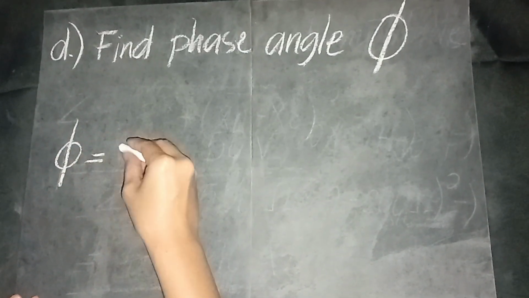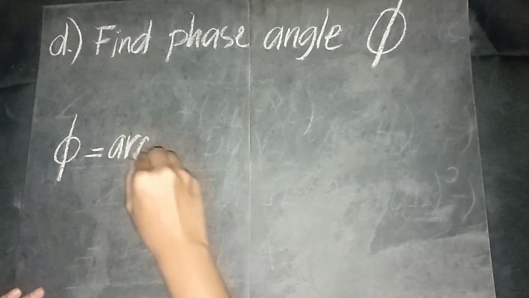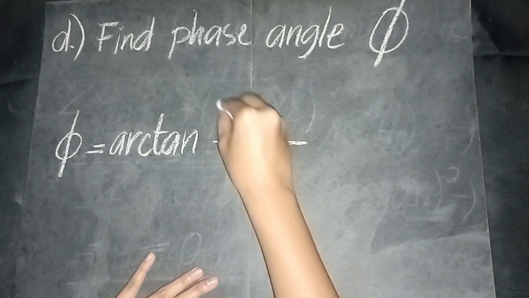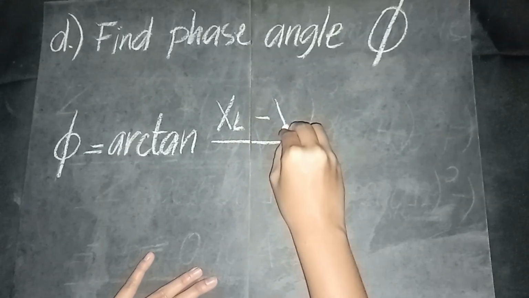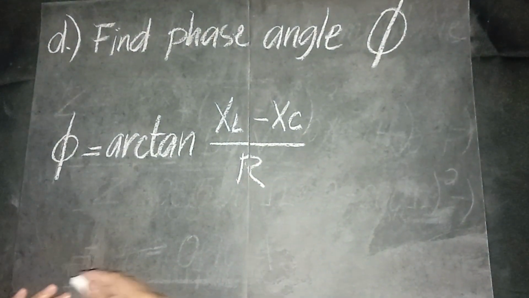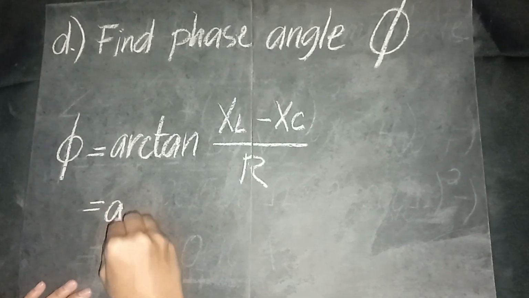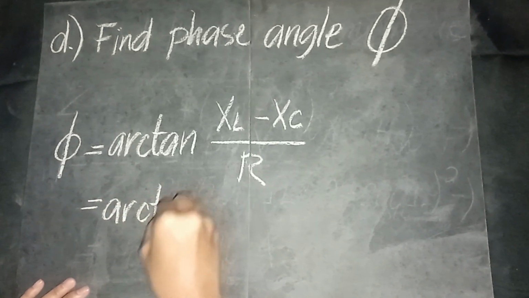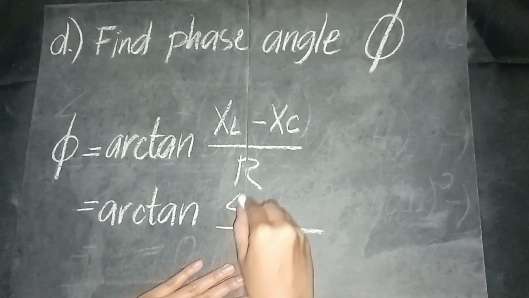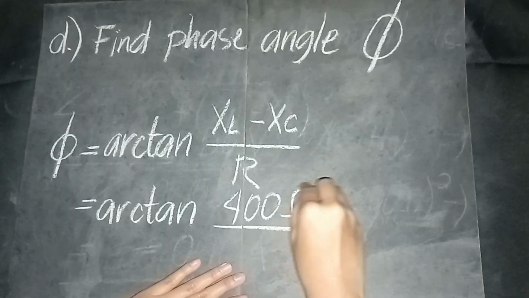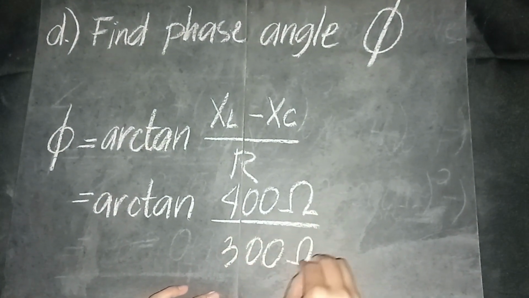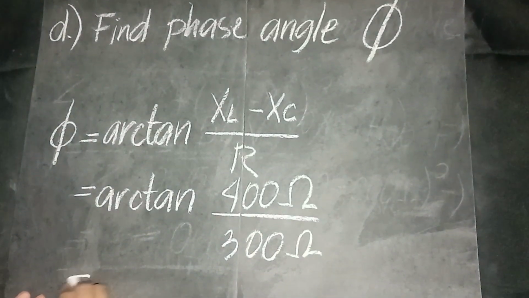And next is to find the phase angle, in which phi is equal to arctan of (XL minus XC) over R. So arctan of the value of XL minus XC, which is 600 minus 200, is 400 ohms, and the resistance is 300 ohms.